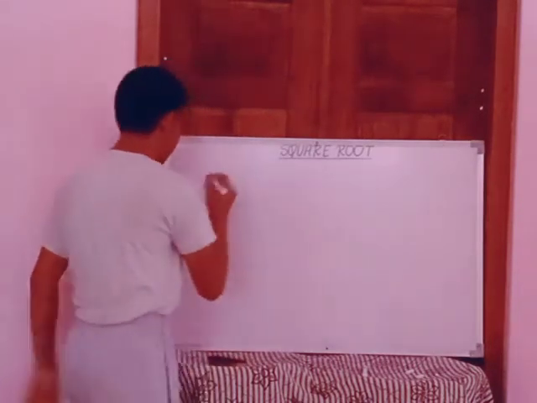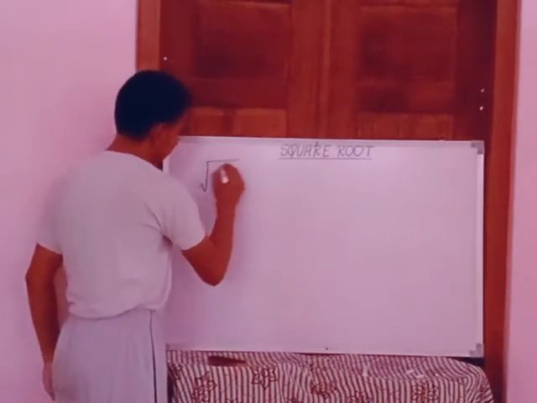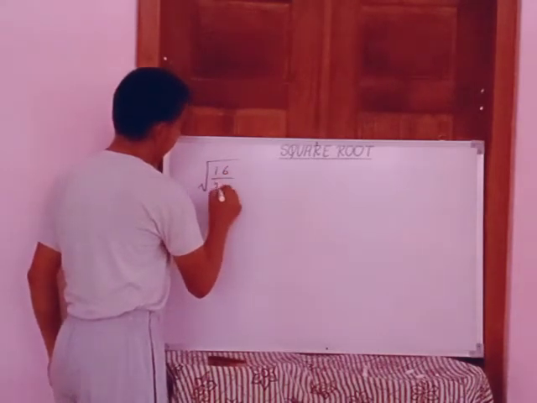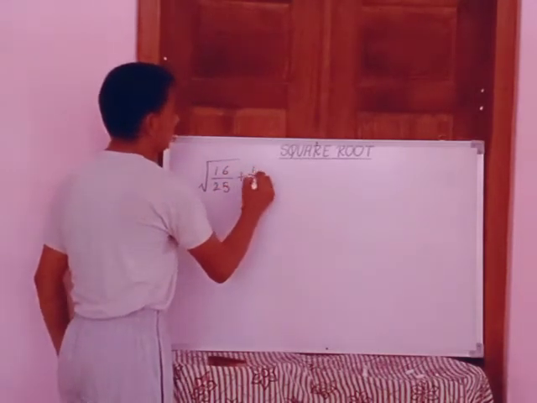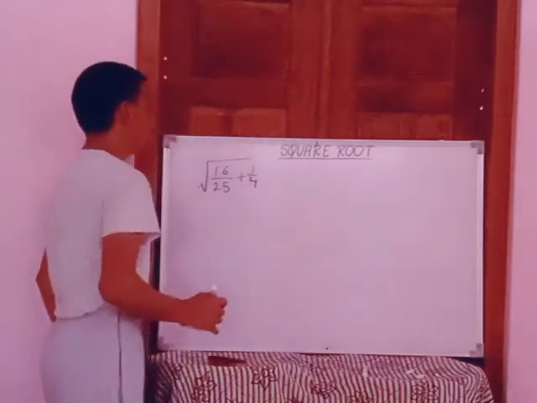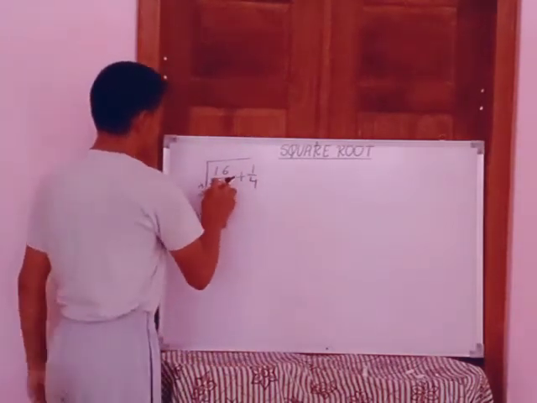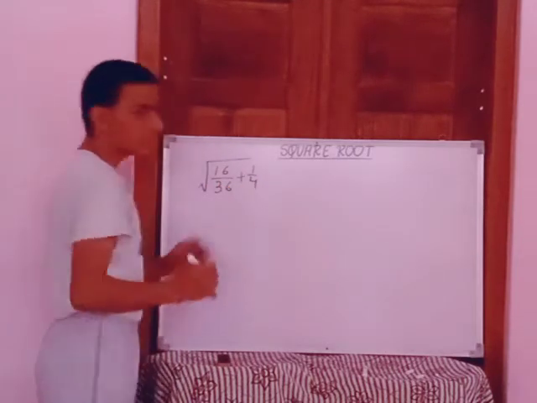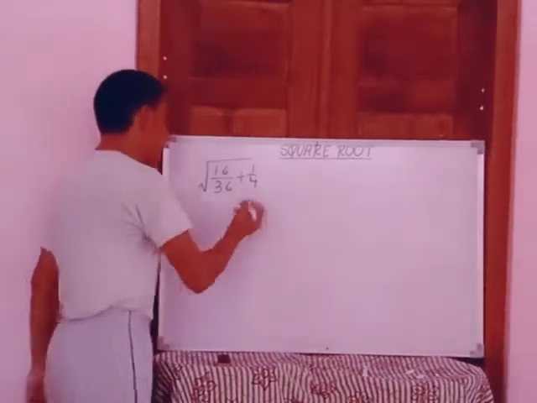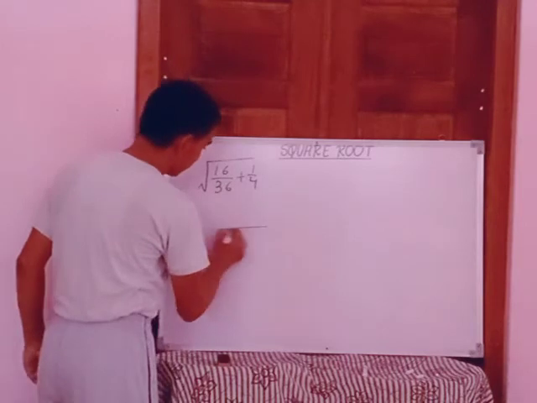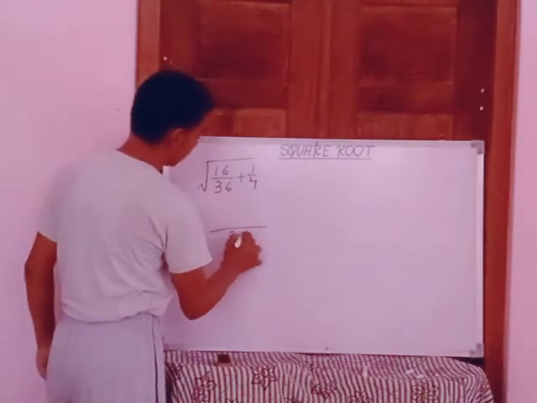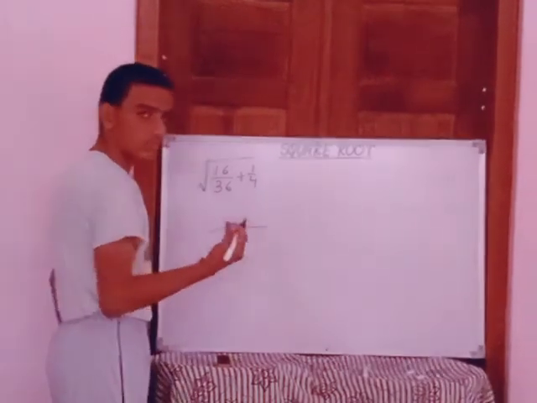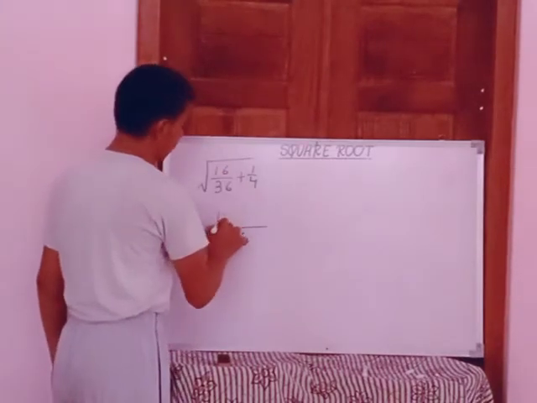Now if the question is like this, 16 upon 25 plus 1 by 4, 16 upon 36, sorry. If this is the question, let's find its answer, the square root. LCM would be 36. 36 divided by 36, answer would be 1. 1 into 16 is equal to 16.